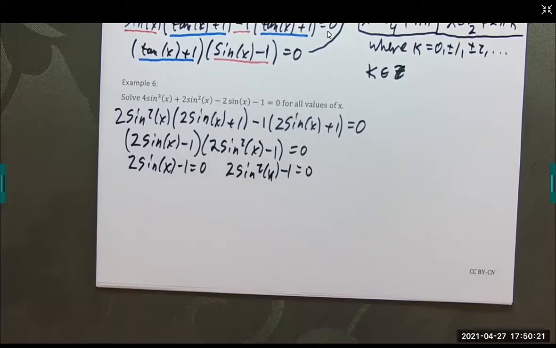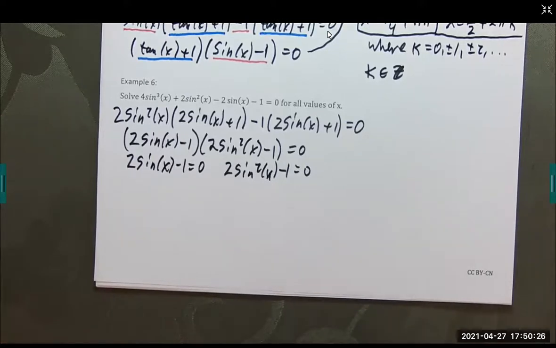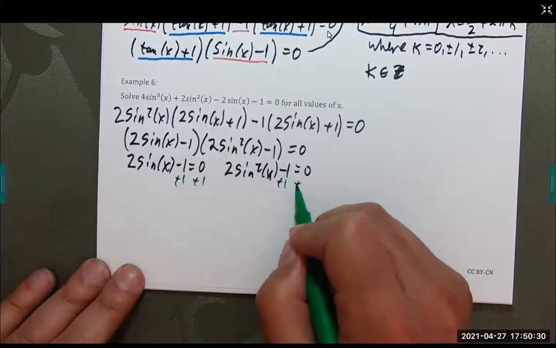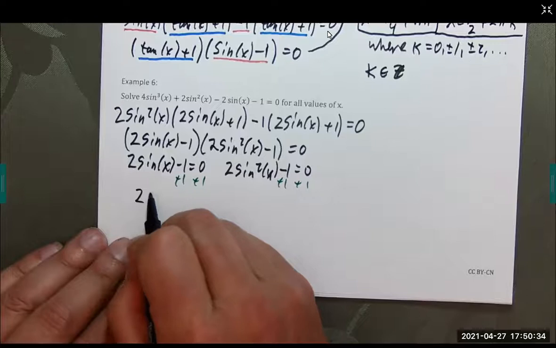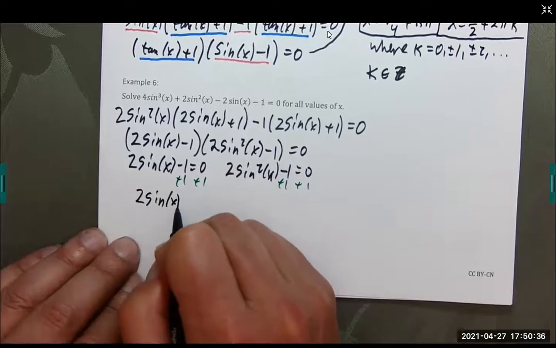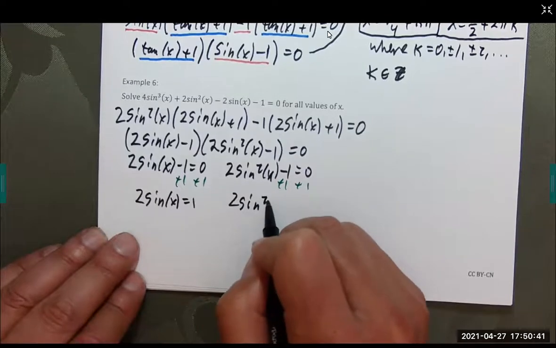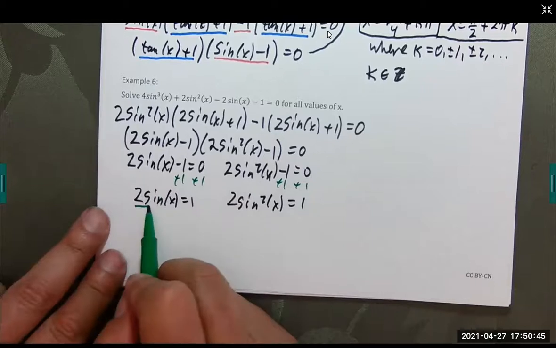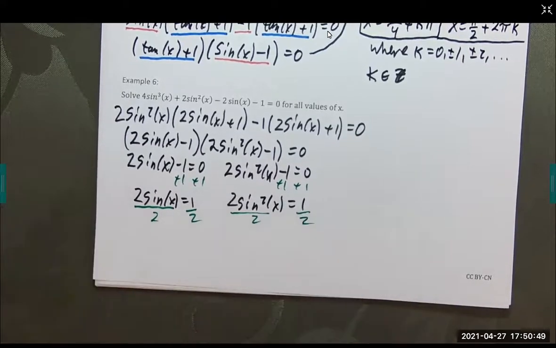All right, so we've done this one a few times actually. So I'm going to add a 1, and divide by 2. And these look like they're going to be similar answers, but they're actually not.